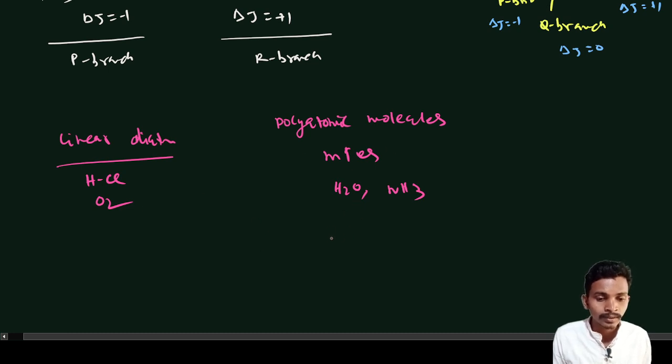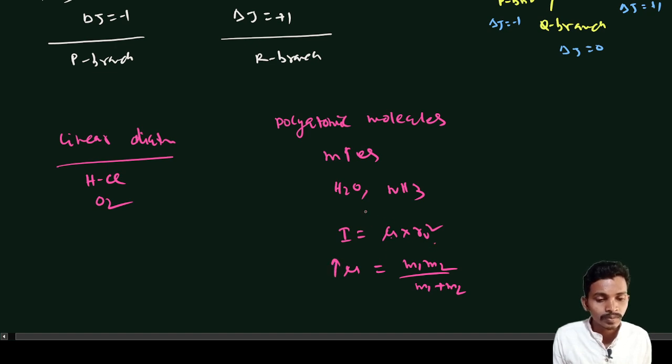We know that I equals the reduced mass into R naught square, where the reduced mass is M1 M2 over M1 plus M2. If the mass increases, the reduced mass increases.